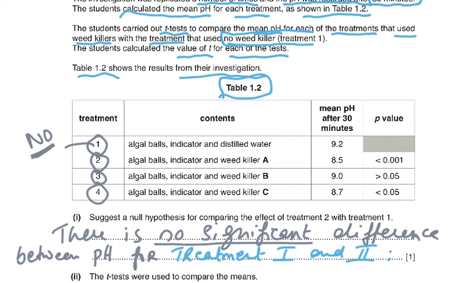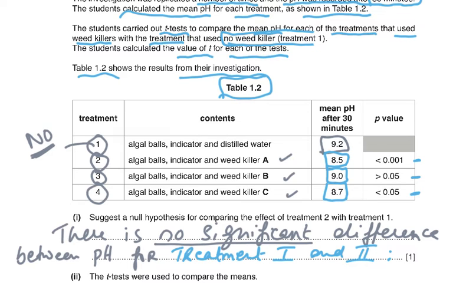In the second, there was weed killer A, then B, and then C. So there were 3 different weed killers. The mean pH after 30 minutes was 9.2 for no weed killer, then 8.5 for A, 9.0, and 8.7. Then the probability values were less than 0.001, more than 0.05, and less than 0.05.